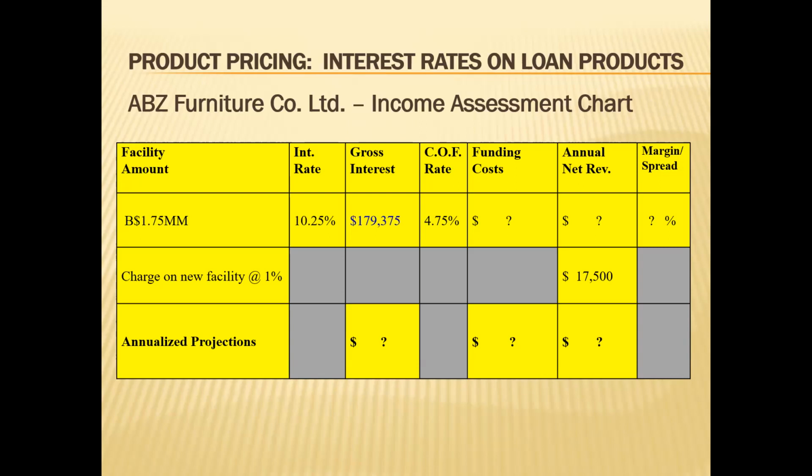So how do we determine our funding costs, the dollar value of our funding costs? 4.75% of 1.75 million. $83,125.